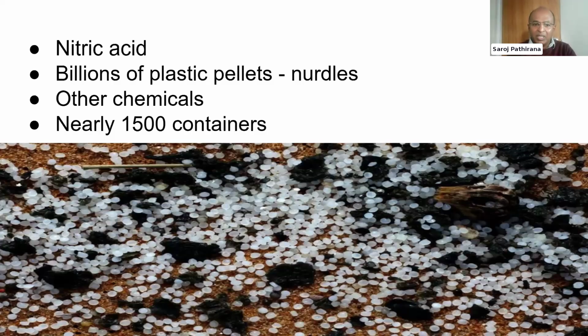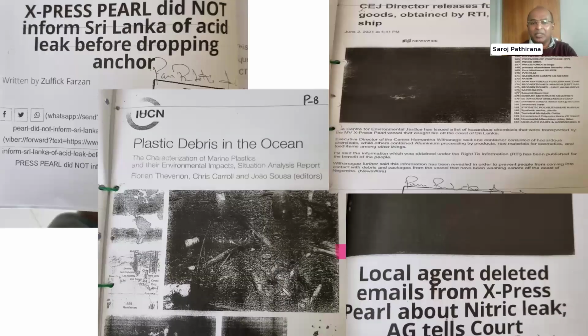From the beginning, the ship did not reveal information about the leaking nitric acid container. After the ship caught fire and the complete disaster released billions of these plastic noodles, the ship owners were in no mood to compensate. From the beginning there was a mystery: what happened, why did they not reveal information, and thereafter, what happened?